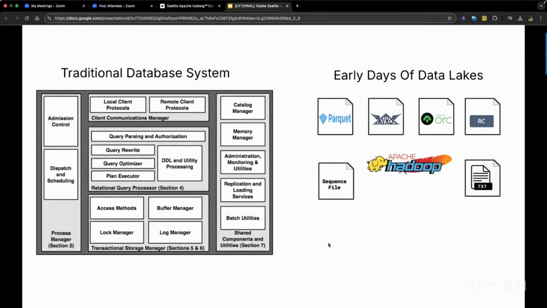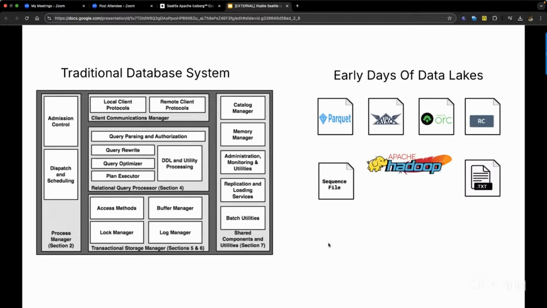These systems had very mature features in terms of cataloging, which essentially is mapping a collection of files to some table identifier, and things such as resource management, access control, etc. They were a very robust product, but the biggest issue for users was when I wanted to scale compute and storage independently of one another, you couldn't do this in this architecture, and it became very expensive.